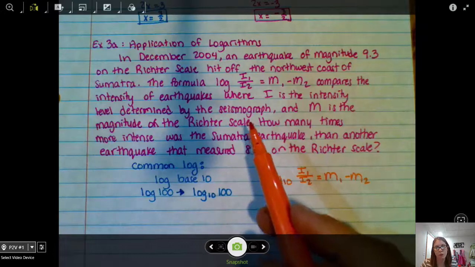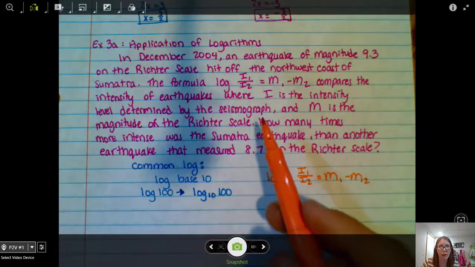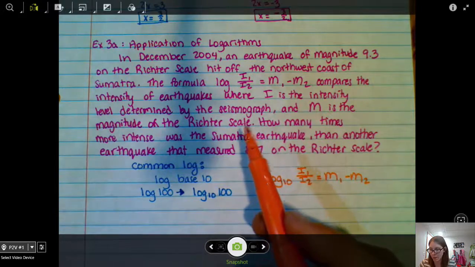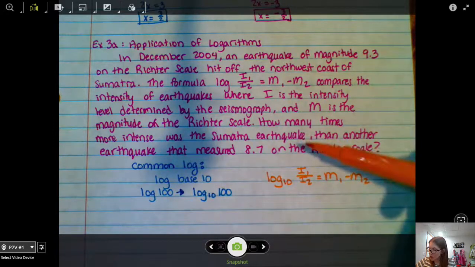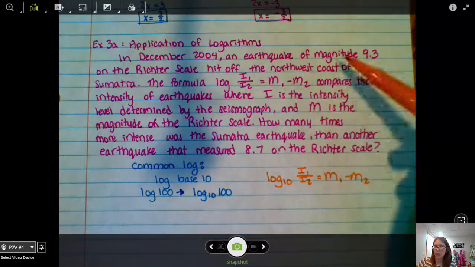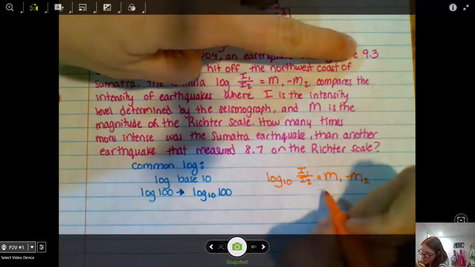Okay, and that's also going to affect how we feel the difference, I guess, in a way. Okay, the M's are our magnitudes. Since I know that the Sumatra earthquake was stronger, let's use that as M1.